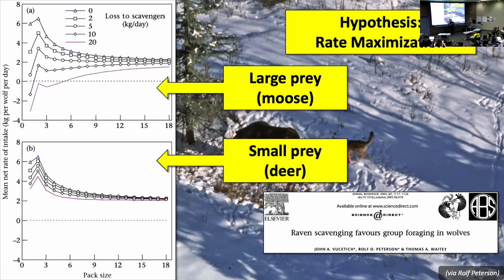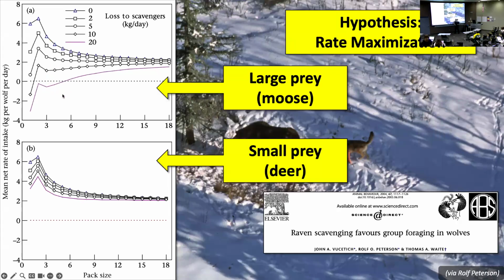But what they're saying here is that if you happen to be in an area where there's no scavenging, then we would expect something a little more like what's on top here. If you're in an area with lots of scavenging, they think this is a realistic amount, that lots of scavenging could be 20 kilograms a day, and that could be down here.